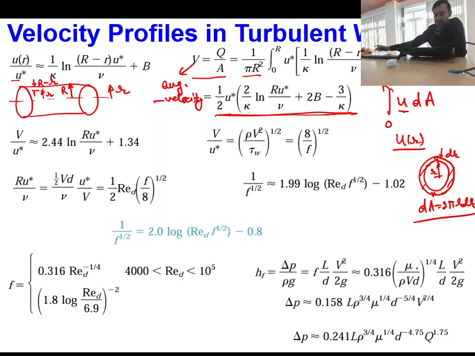So if I now substitute the values of k and B over here, I will be getting my velocity profile as V/u* equal to 2.44 ln(R u*/ν) plus 1.34. Okay, is this one clear? All are clear with this idea?